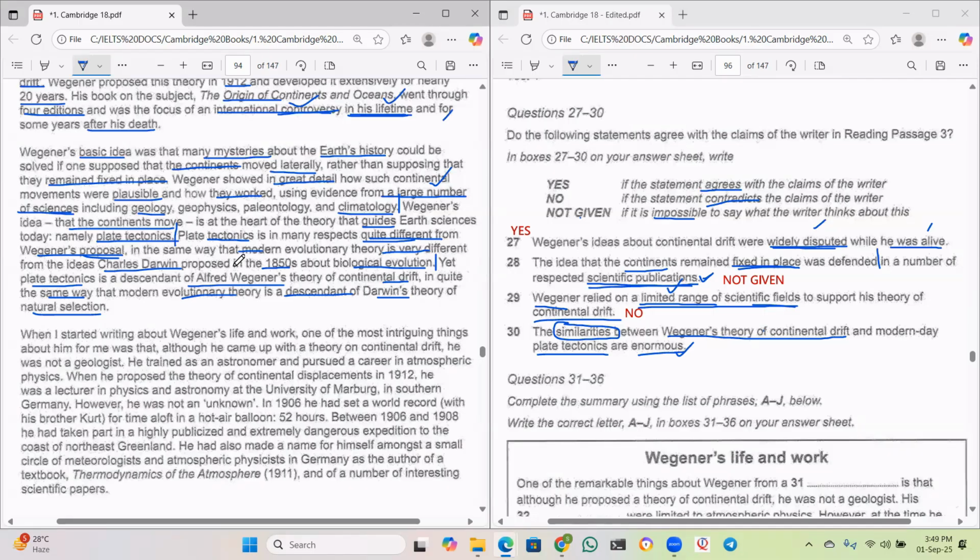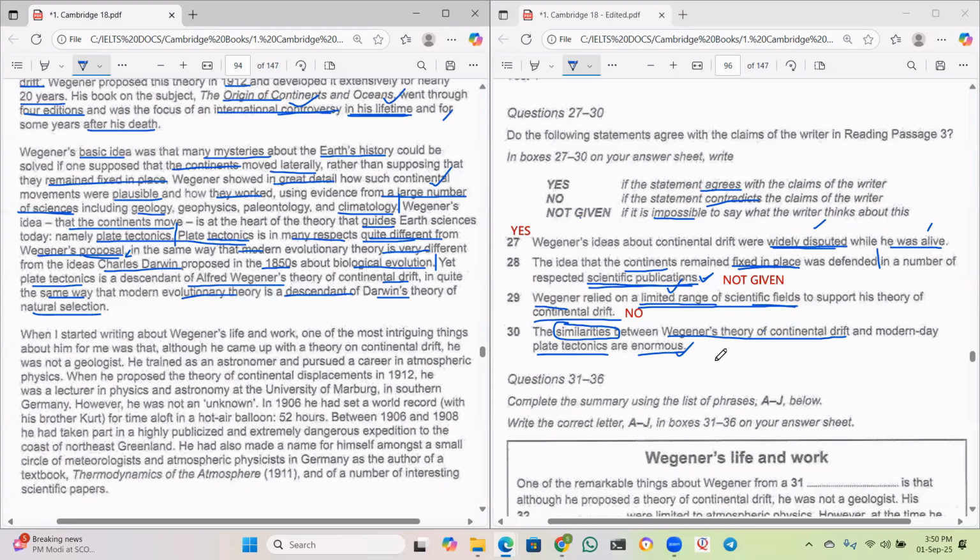Now here we have the answer, guys. In this sentence, we have the answer. What do you think? Tell me. So plate tectonics in many respects is quite different from Wegener's proposal. Yes, here is your answer. He says plate tectonics in many respects is different from Wegener's proposal, but here it says the similarities between Wegener and plate tectonics are enormous. How is it possible?